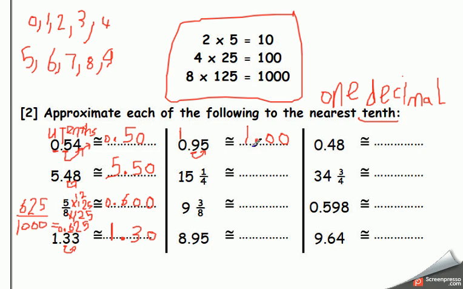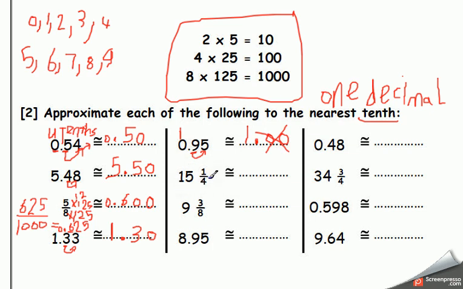Now when I read this number, I read it 1.00. Mister, I can't benefit from these zeros at the right of the decimal point, so you can cancel them. The final answer is 1.